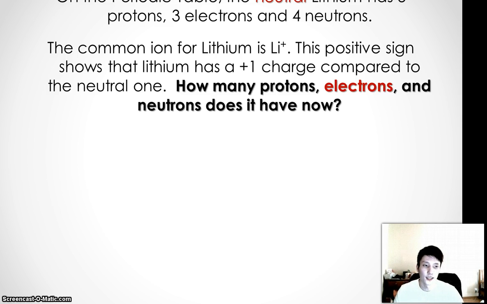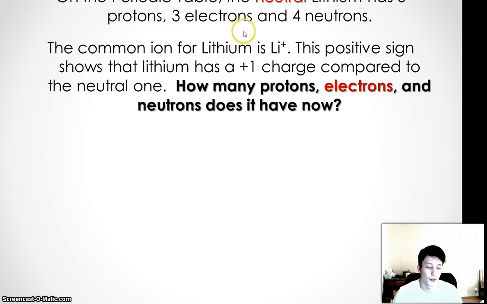Okay, so if we have a lithium ion, lithium plus like this, how many protons, electrons, and neutrons does it have? Well, we know the proton number can't change, so it's still 3. But since it's a positive ion, would you think it's fewer electrons or more electrons? Yeah, it is fewer electrons because we have 3 positive, so let's put 3 plus like that.